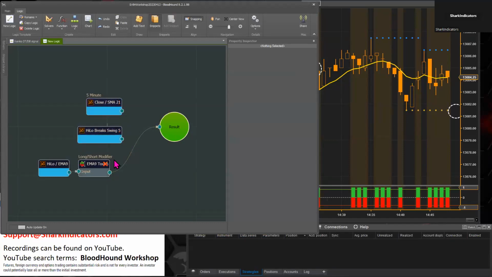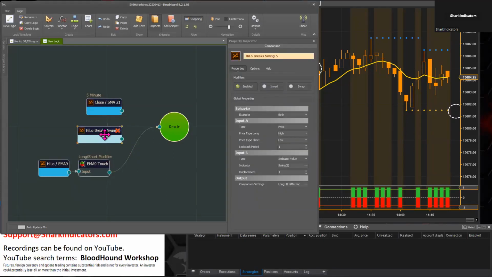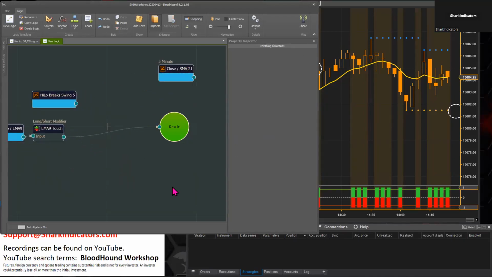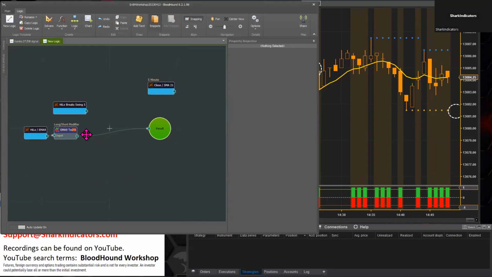So let's see, where is our, there we go. Here is our swing break. Actually, I'm going to move this guy out of the way.